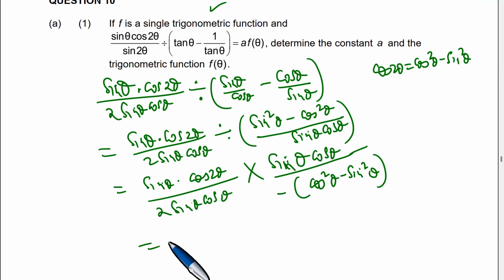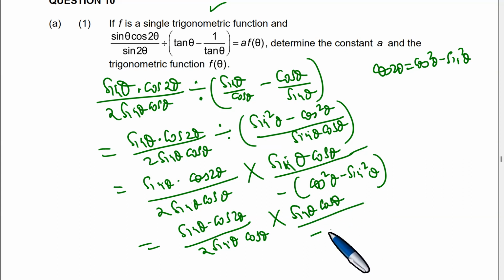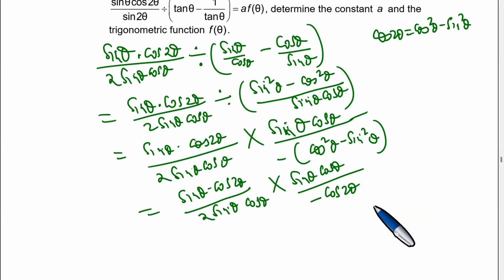This one is the sine theta cosine 2 theta divided by 2 sine theta cosine theta, multiplied by the sine of theta cosine 2 theta. Which means a f of theta.